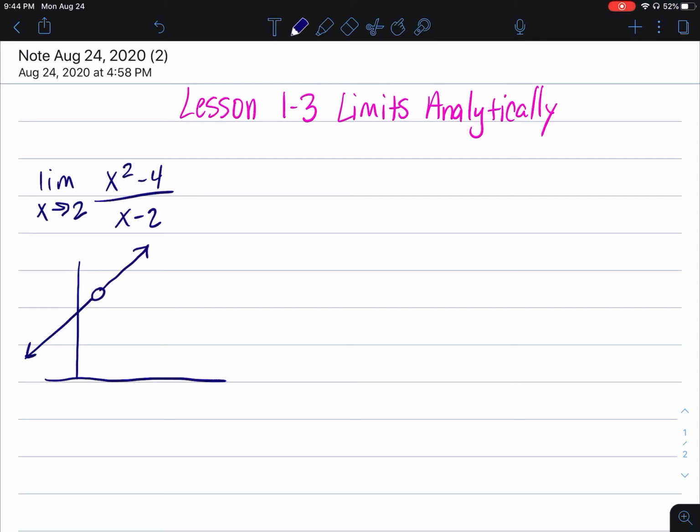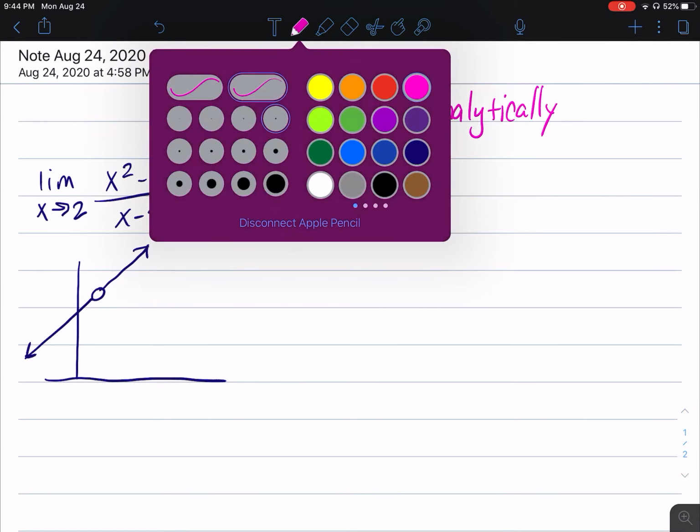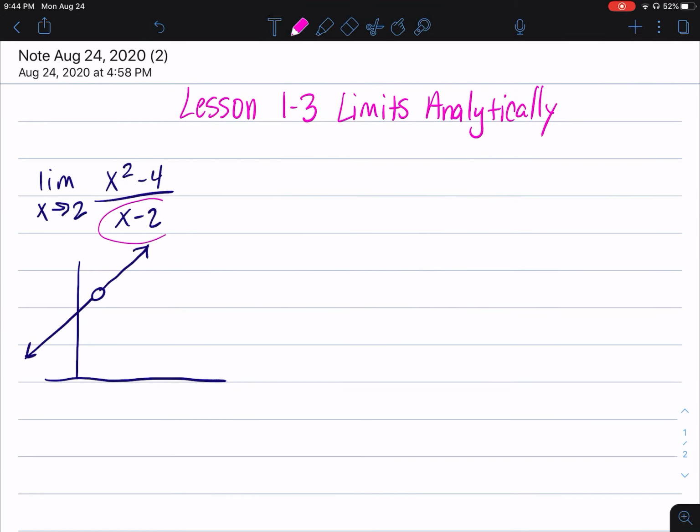Okay, so we have our graph here. So if we're looking at this limit here, when we look at the bottom of this fraction, we can see that we have x minus 2. So what happens here is we're first going to just think about, okay, what's going to happen when I have an x value of 2?